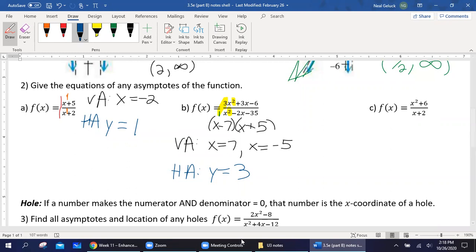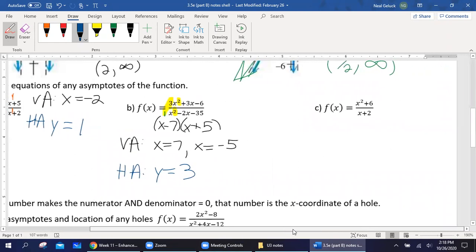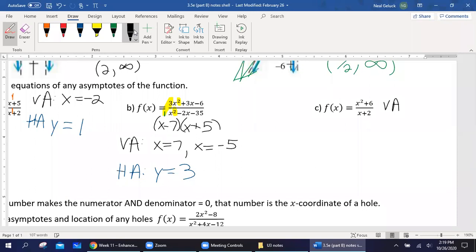For letter C, again, vertical asymptotes, what makes the denominator 0? Well, that would be -2 again. This one, though, this is a new case. The numerator's degree is 1 larger than the denominator. The numerator has degree 2, denominator has degree 1. So this is going to have an oblique asymptote.